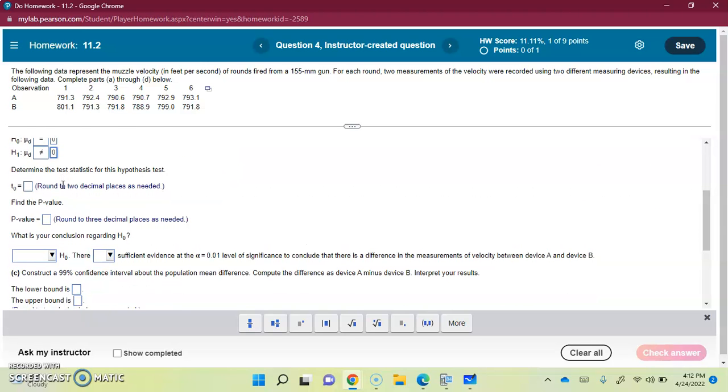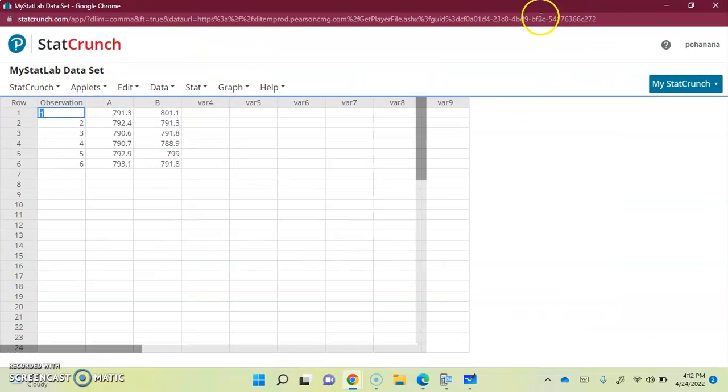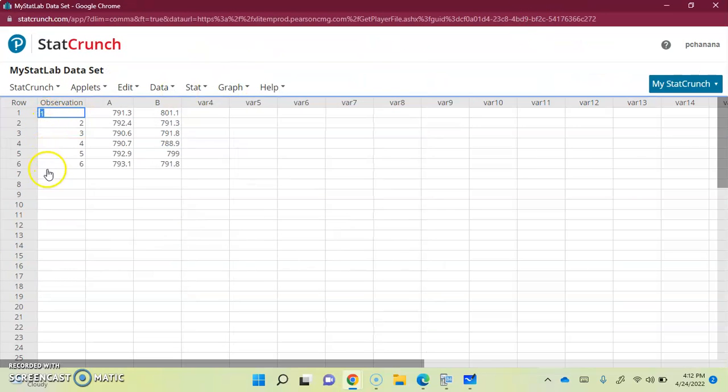Okay. Determine the test statistic. Now you can do this on your TI calculator by putting the first list in L1 and the second list in L2. But I wanted to show you on StatCrunch how to do it. So when you open StatCrunch, here is your data. This first column is just the number of observations. The main observations are in the A and B columns.